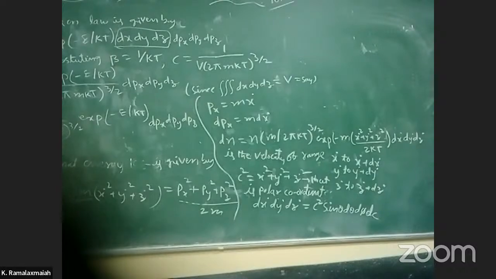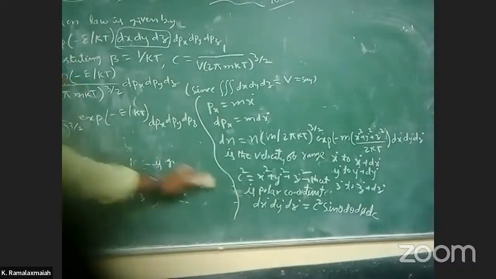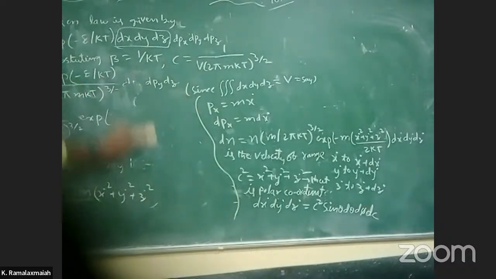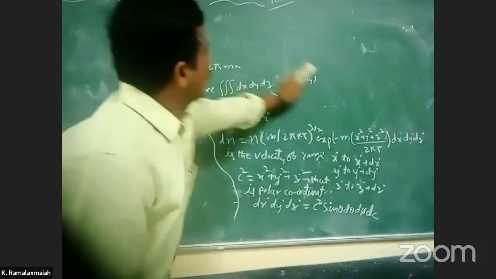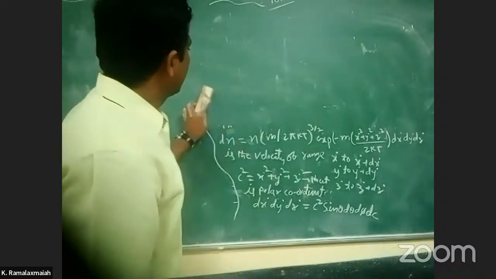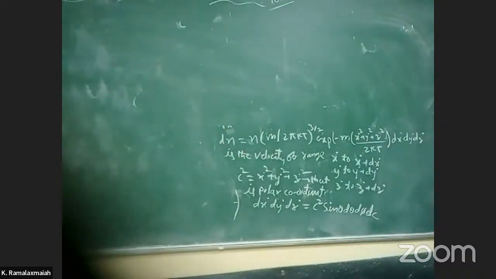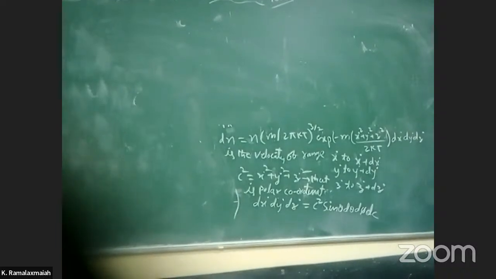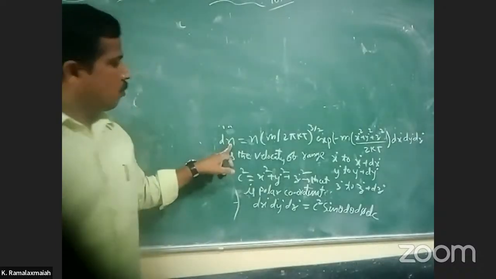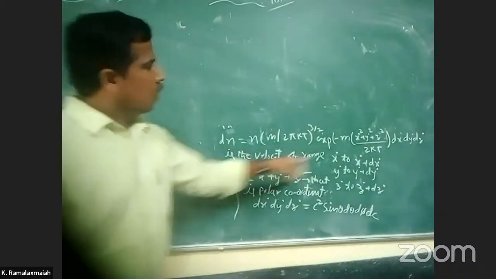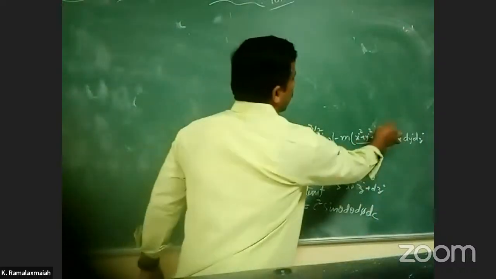So dn is equal to this formula. This formula dn is equal to total value here, only this.